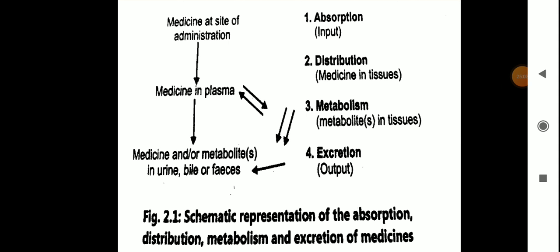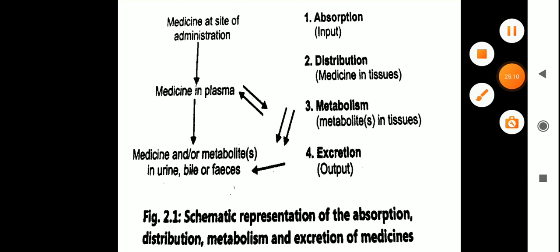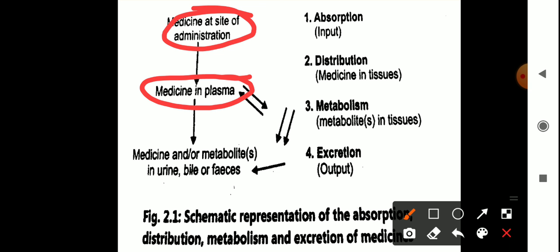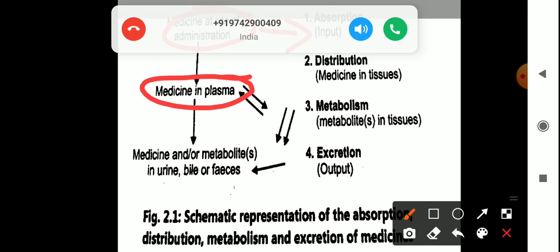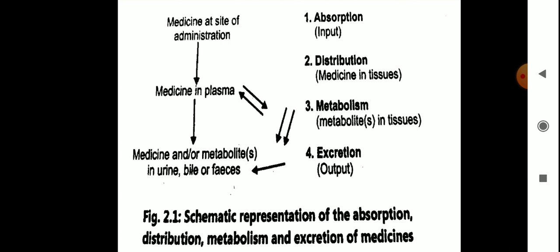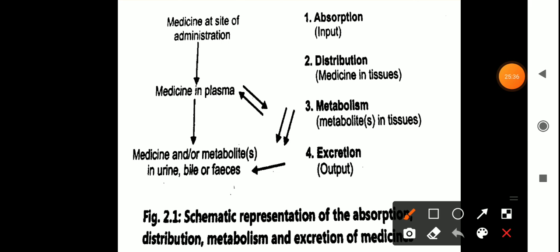This is the schematic representation of absorption, distribution, metabolism, and excretion. You can easily understand it by this representation. Medicine at the site of administration goes into the plasma, and at the site of administration, absorption takes place.